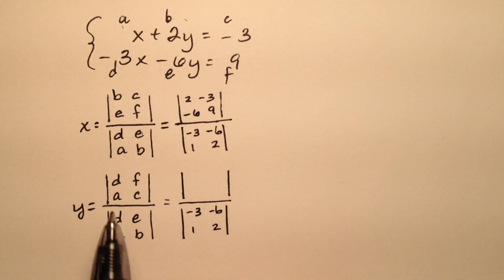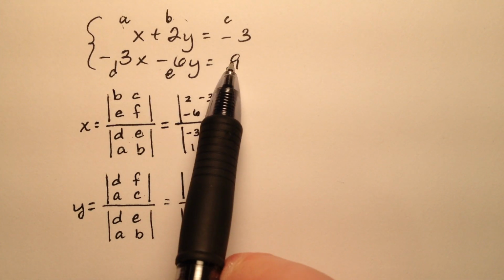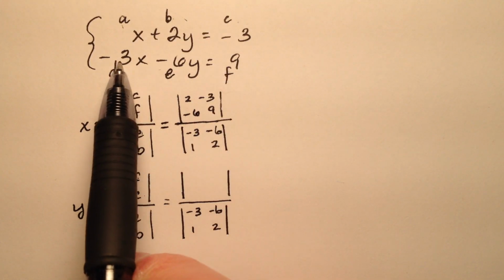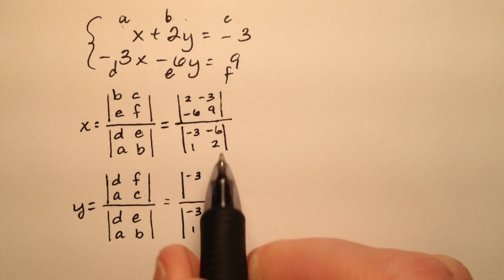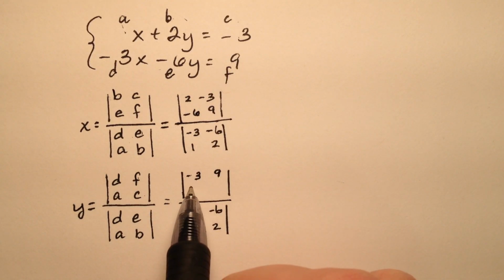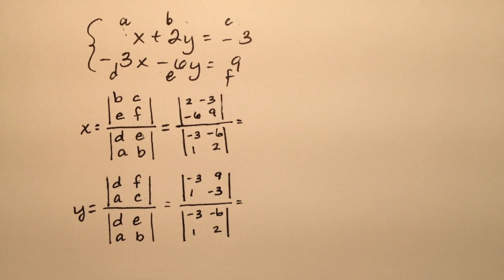Okay, so for the numerator for the y, it's DFAC, so it'll be -3, 9, and 1 and -3. Now it's just a matter of simplifying all these determinants and fractions.